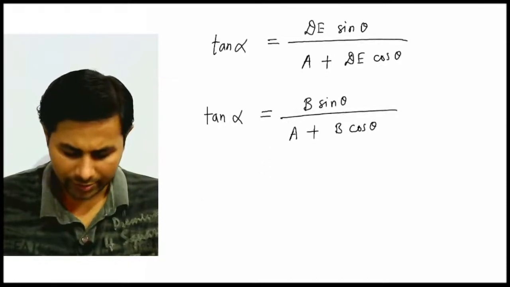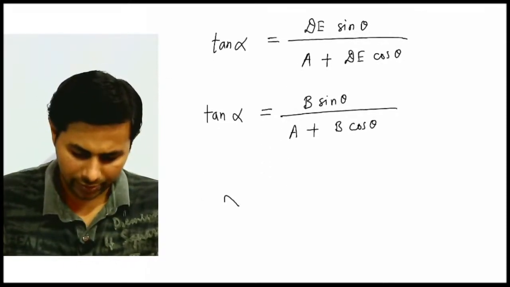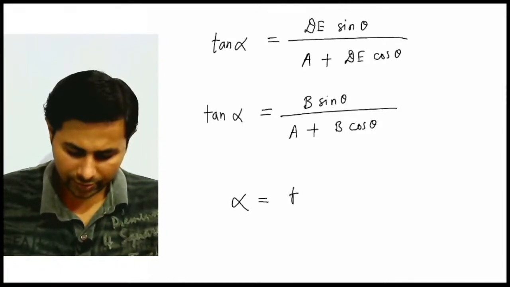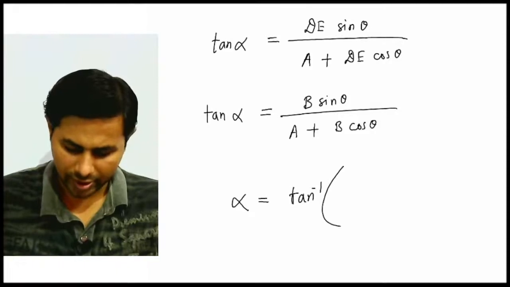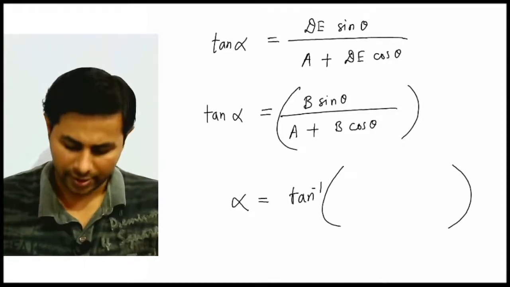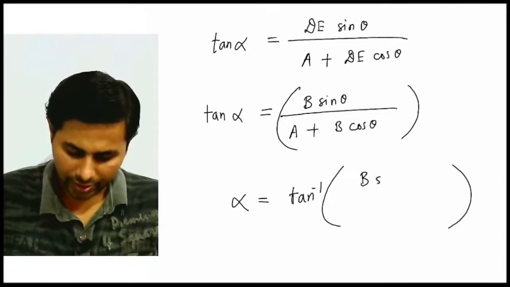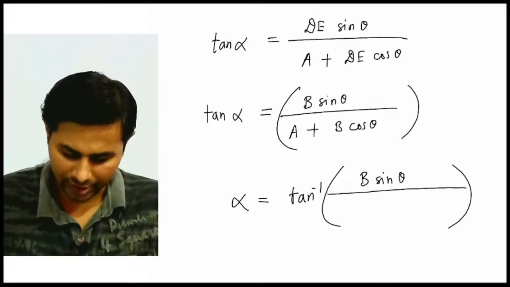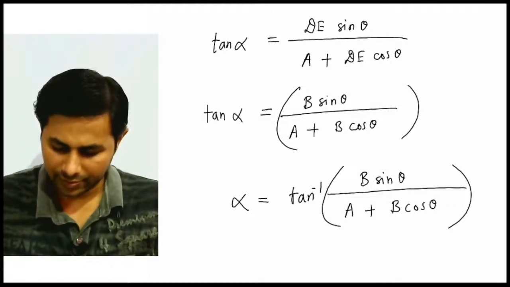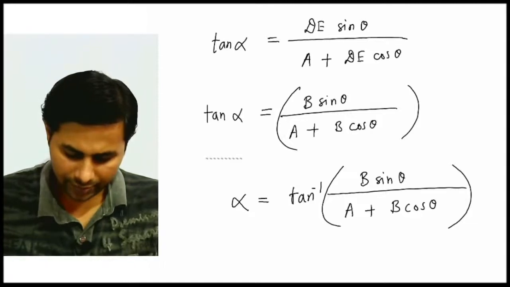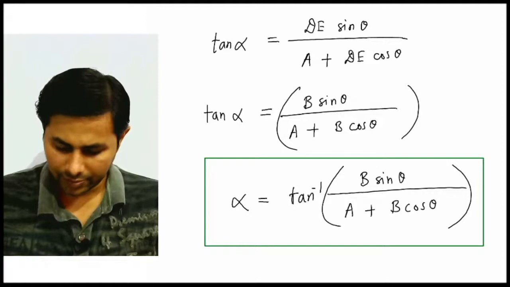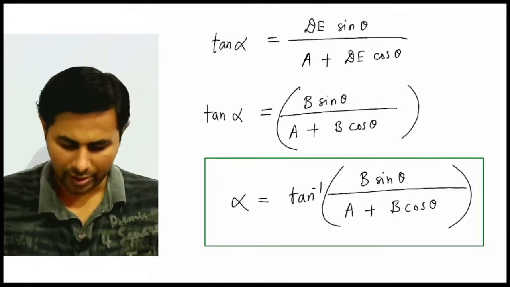So what will be alpha? Alpha will be equal to tan inverse of this thing in the bracket, so tan inverse of b sine theta divided by a plus b multiplied by cos of theta. So we got the angle alpha.